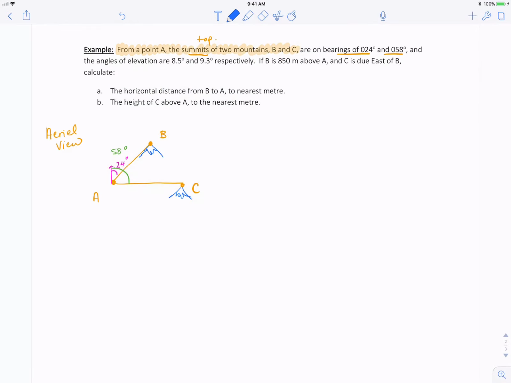Given my diagram, I have this information available. My inside angle becomes 90 degrees minus my 24. That should give me the remaining angle on the inside. So I have a remaining angle of 34 degrees. So on the inside of my triangle, 34.